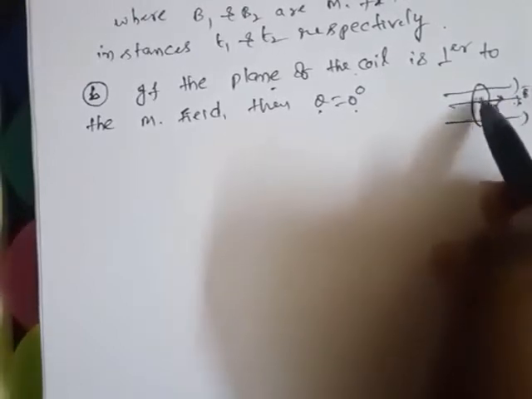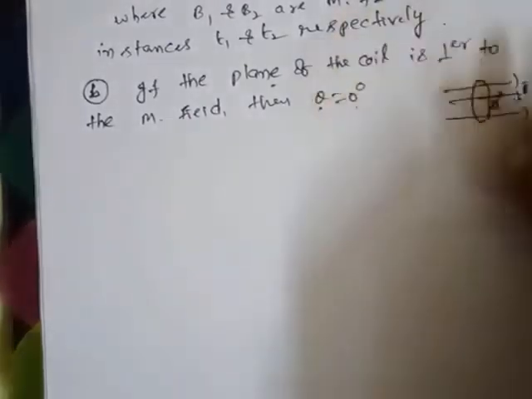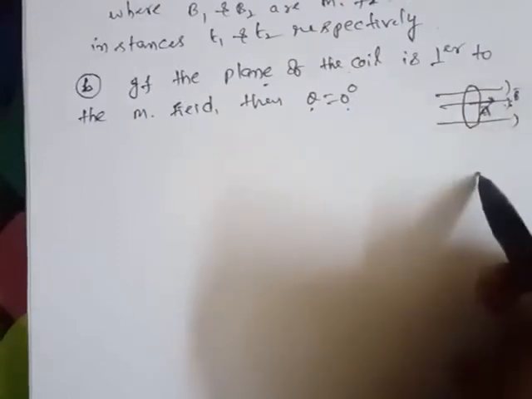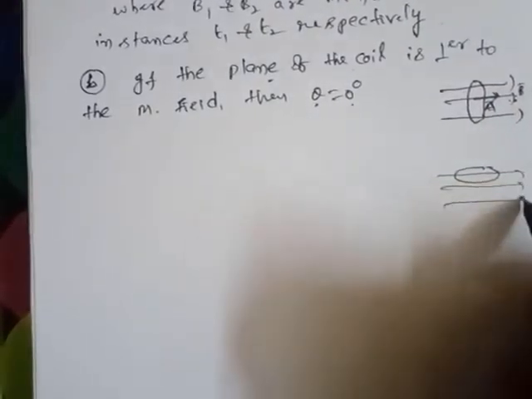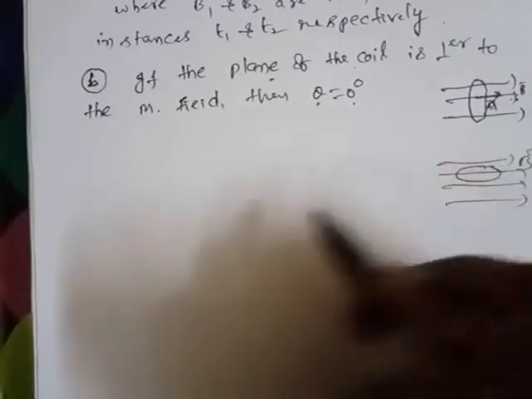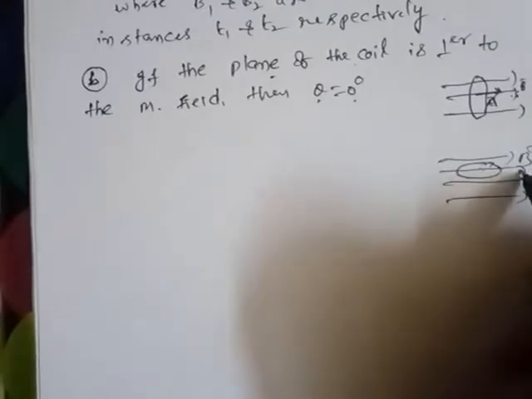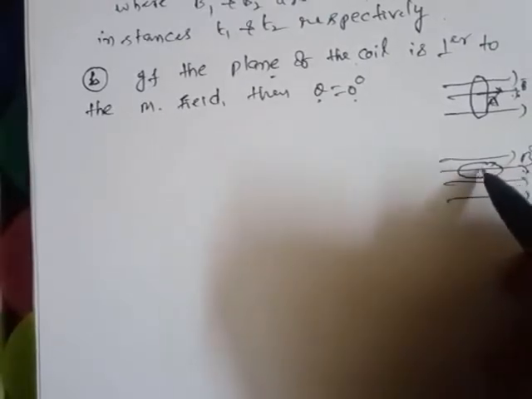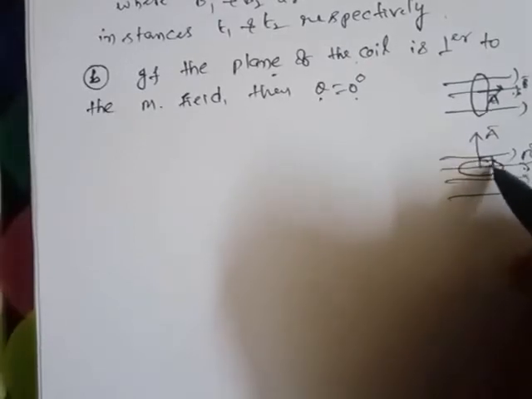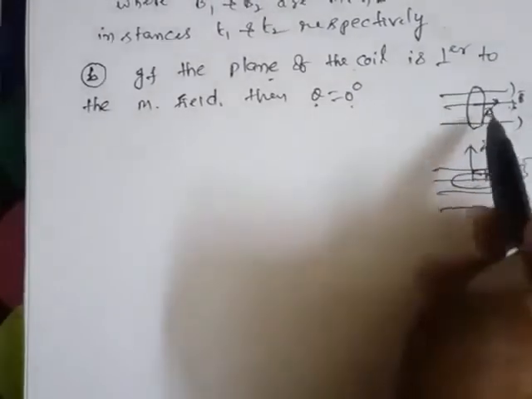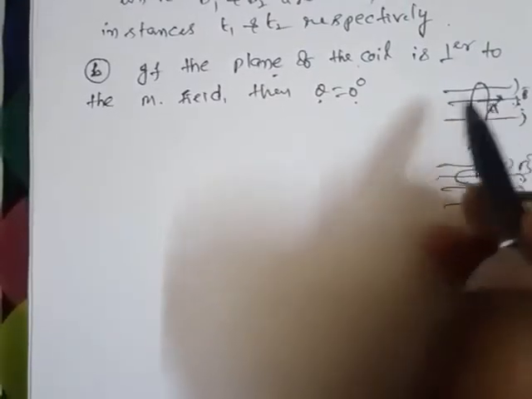In case the plane is parallel to the magnetic field, then theta is 90 degrees, because the area vector is perpendicular to the plane, and this is the angle. So whenever the plane of the coil is perpendicular to the magnetic field, theta is 0 degrees.